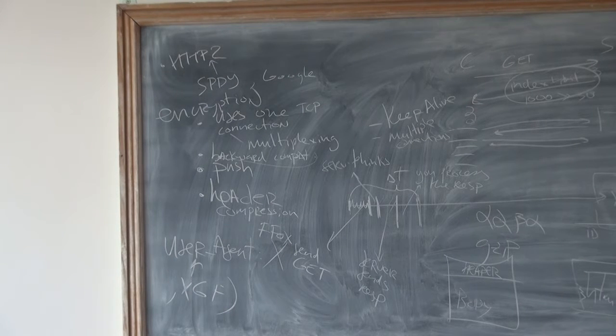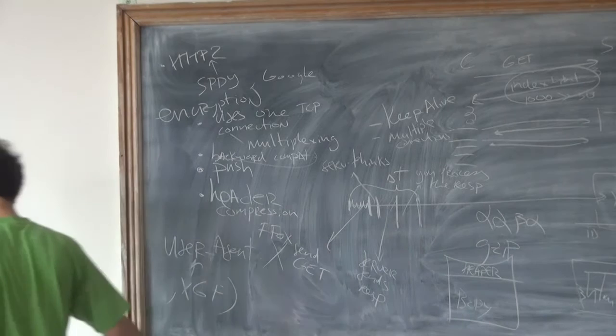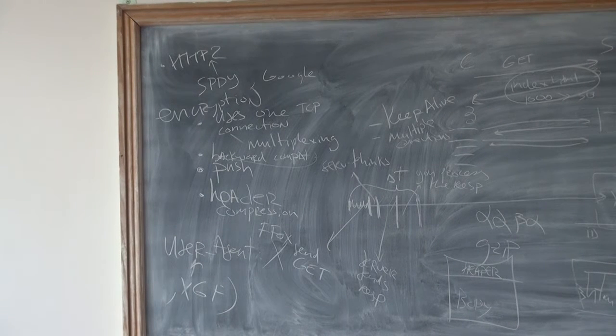But about HTTP2, we only have to update the web server. That's all. That's right. I'm going to visualize it to make it easier for others to understand as well.